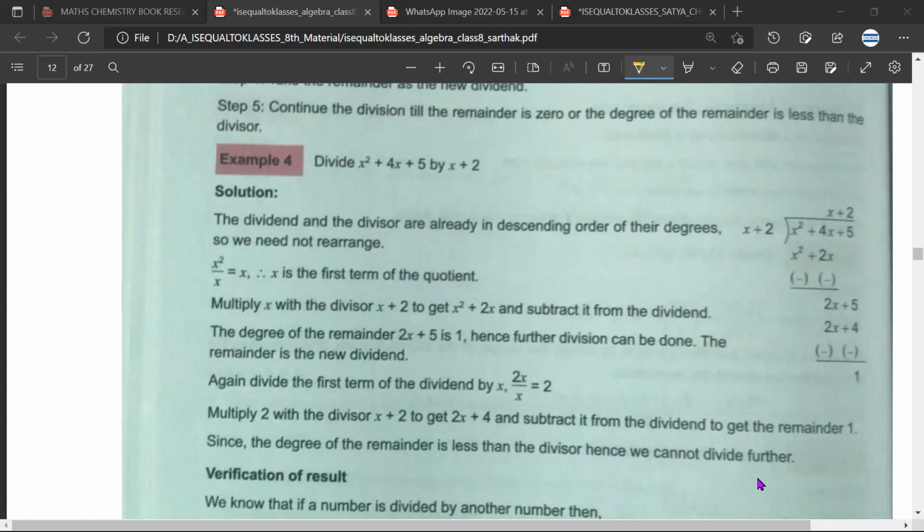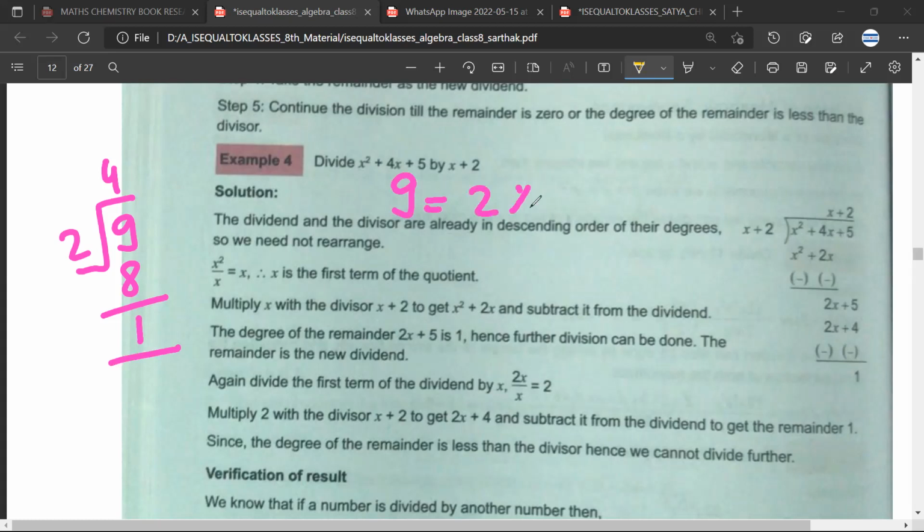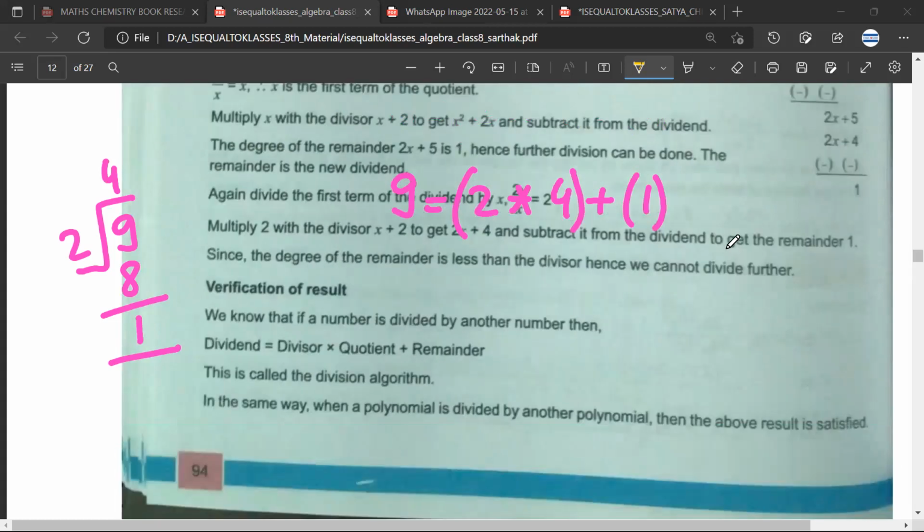Basically, if you take a small example, so I have 9. If I divide this by 2, so this is 2 fours are 8. The remainder is 1. So 9 can be written as 2 into 4 plus 1. Have you understood what I have done? Yes, sir. So 9 is equal to 2 into 4 plus 1.